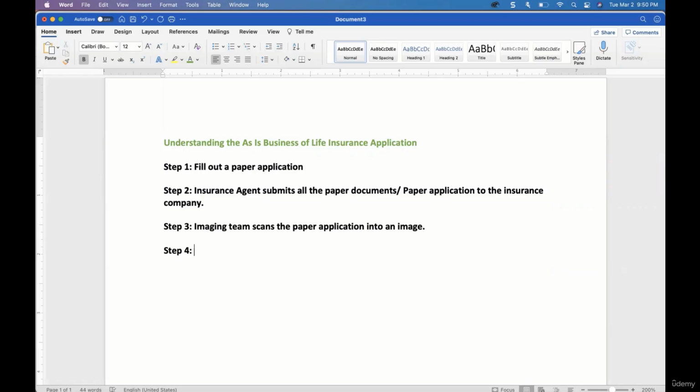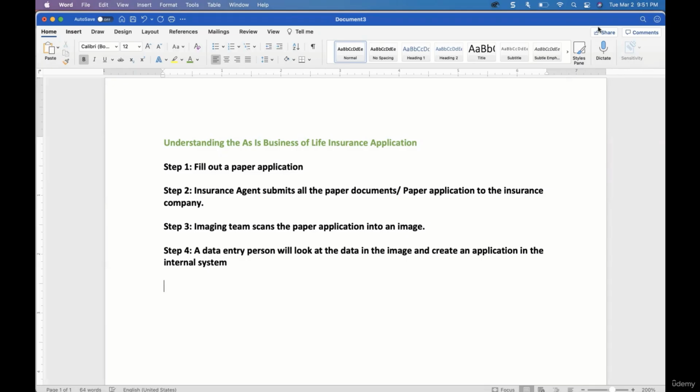Super. So what would happen then is a data entry person will look at the data in the image and create an application in the internal system.